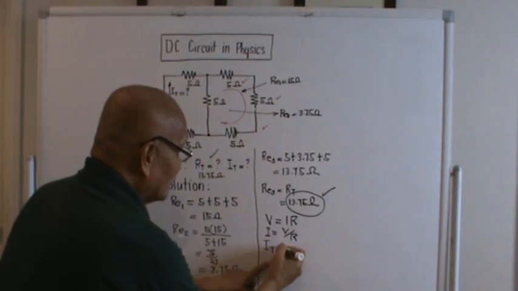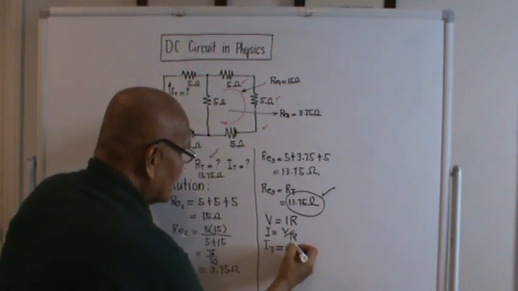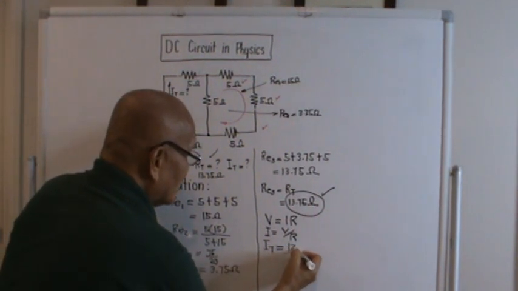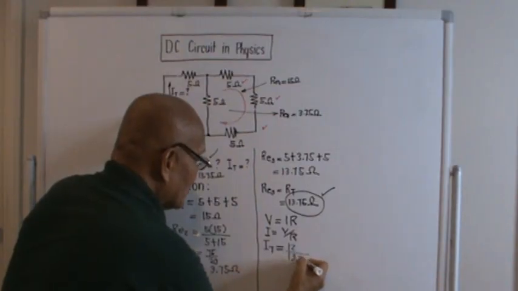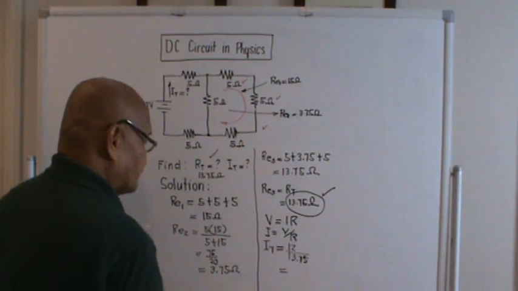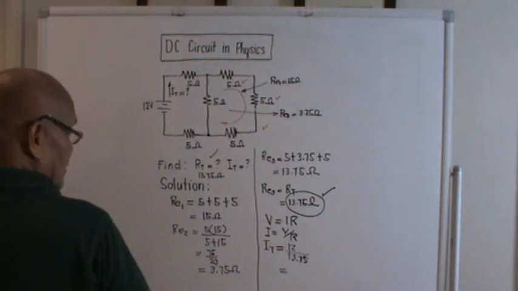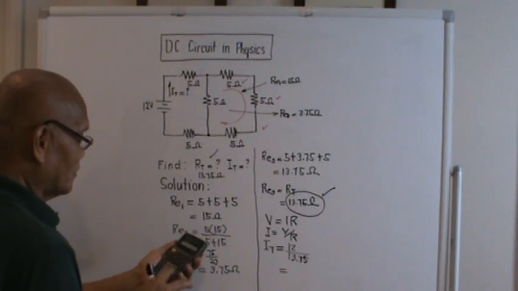It will be equal to, the total applied voltage is 12 volts all over 13.75. It's less than 1 ampere because the total resistance is 13.75.